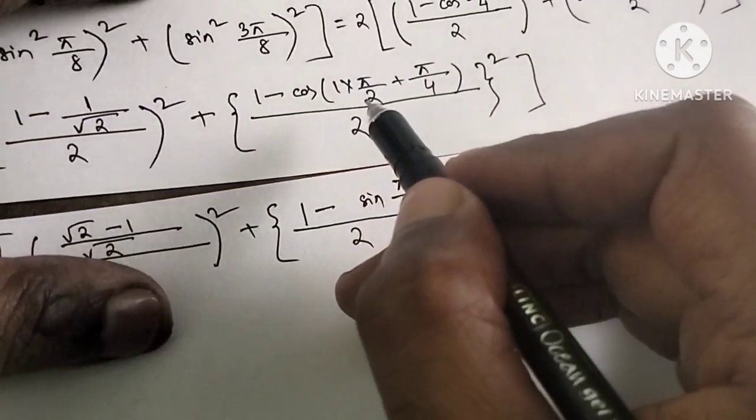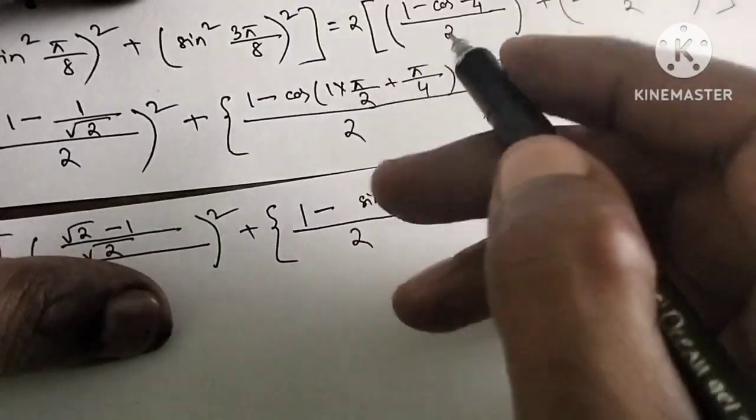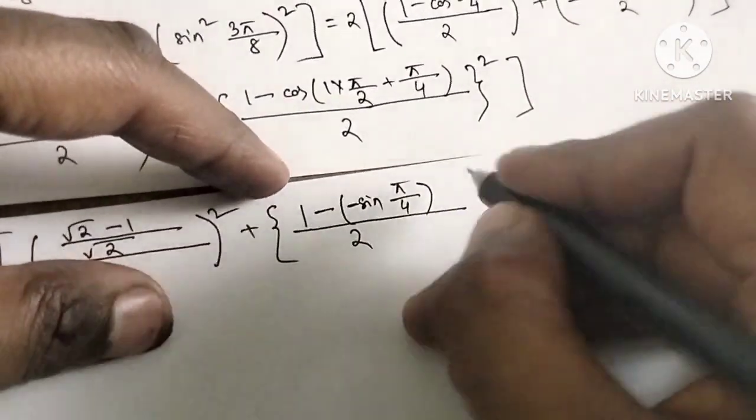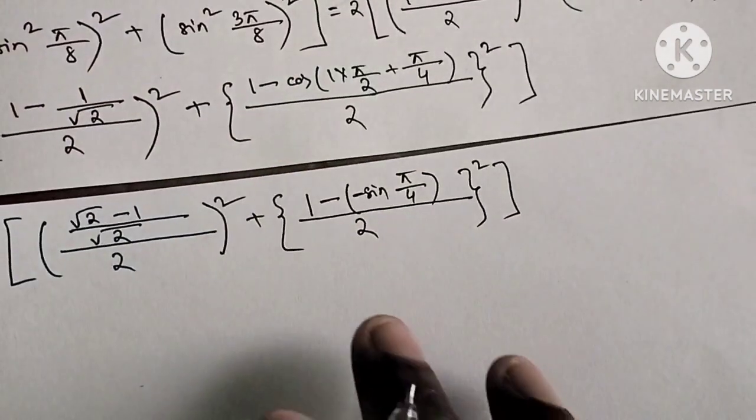Okay, and it is in the second quadrant. In second quadrant cos is negative, so it will be minus sine pi by 4. Clear?